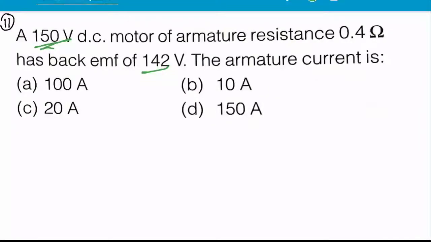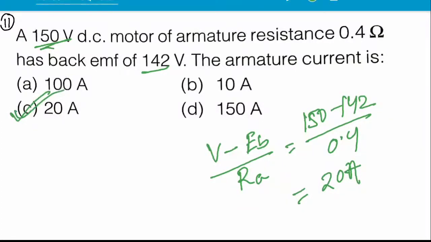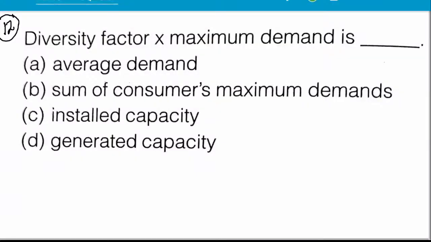So current can be calculated as V, that means supply minus back EMF, by Ra, that is the resistance of armature, that means 150 minus 142 by 0.4, which is equal to 20 ampere. Option C.